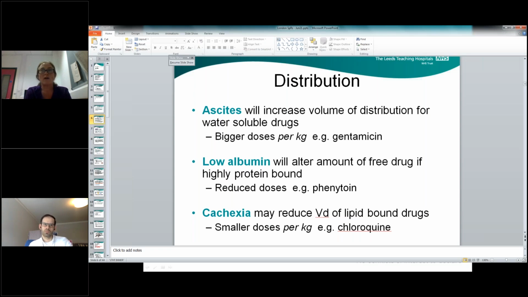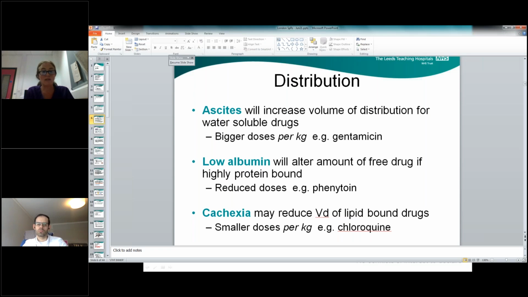And it requires really careful monitoring. So maybe daily levels for something like gentamicin or vancomycin when you've got someone with ascites, because if your ascites suddenly goes down because you've given diuretics or done a paracentesis, then you suddenly need to give a lower dose or you'll have high levels.